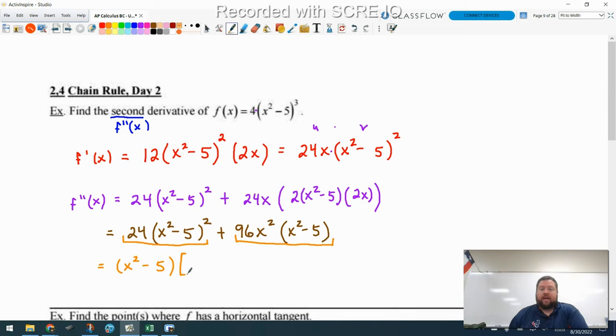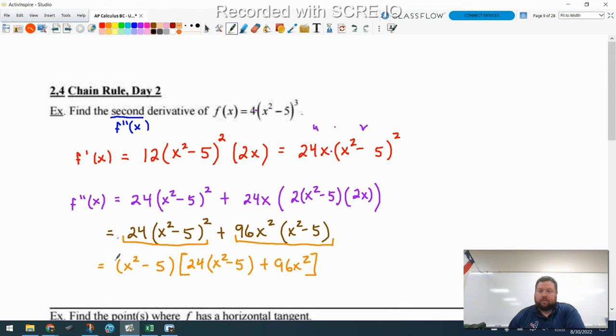All right, so if we take that out, I'm going to use a bracket, but I'm just distinguishing because I'm having multiple sets of parentheses here, so that's why I'm using a bracket instead. So now I have 24, and I still have one x squared minus 5 left over, and that one. And then here I just have the 96x squared. All right, so I'm going to distribute in there a little bit and see what I end up with.